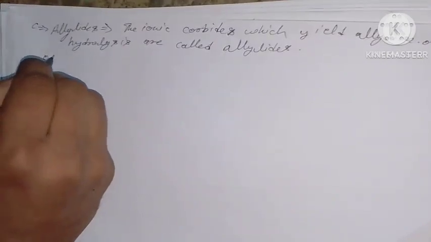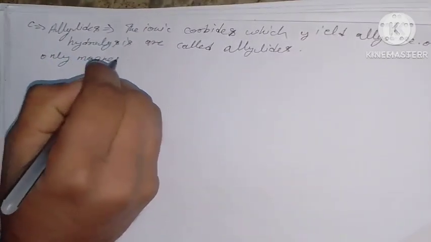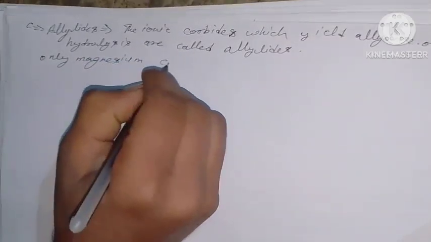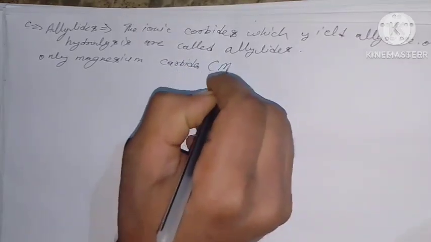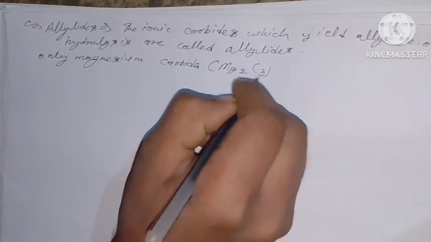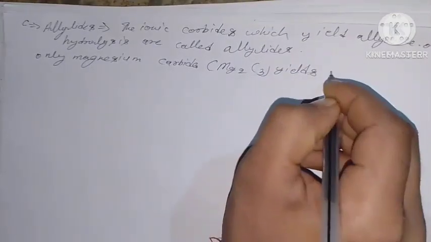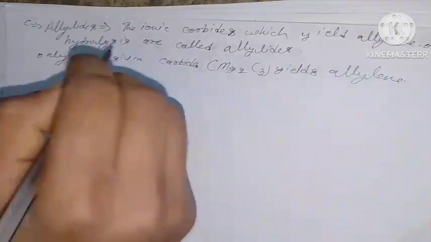Only magnesium carbide, Mg2C3, yields allylene on hydrolysis.